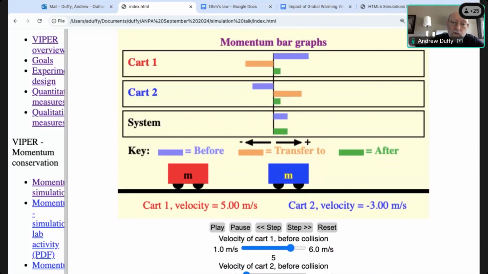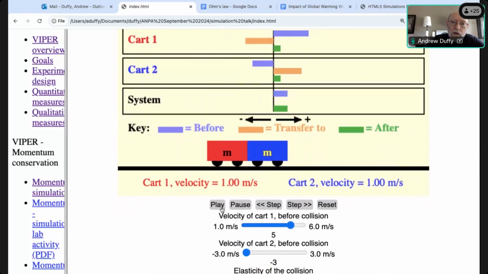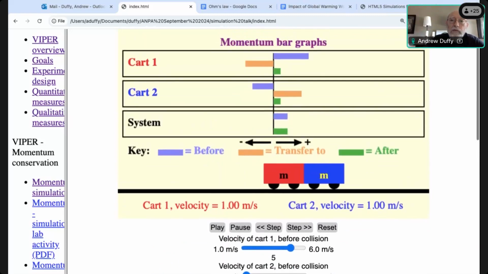Okay, so let's see this one. So it's the same initial conditions, but a completely different outcome because we changed the elasticity parameter. Okay, so the students have to make sense of something like this. And I just love this set of graphs because there's so much kind of self-consistency built in, right? This blue plus that blue has to always add up to this blue.